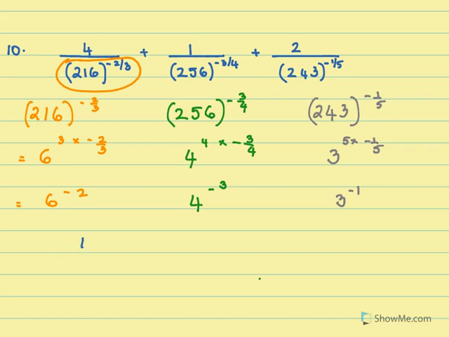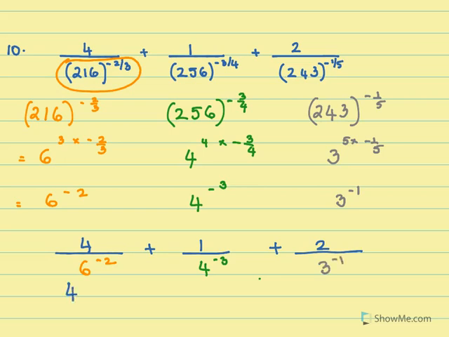So we now rewrite the sum. We write it 4 over 6 raised to minus 2, plus 1 over 4 raised to minus 3, plus 2 over 3 raised to minus 1.